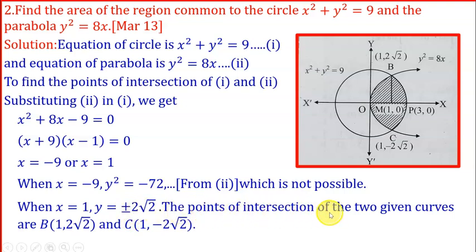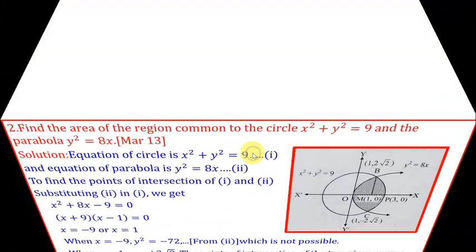The points of intersection of the two given curves are B, which is 1 comma 2 root 2, and the second is C, where x is 1 and y is minus 2 root 2. These are the coordinates of the points B and C.